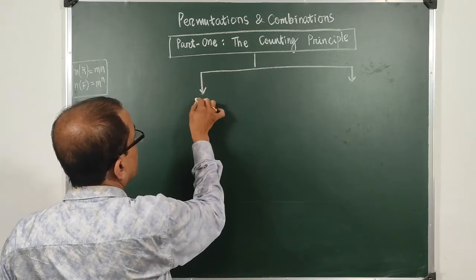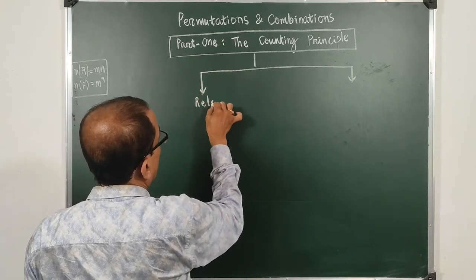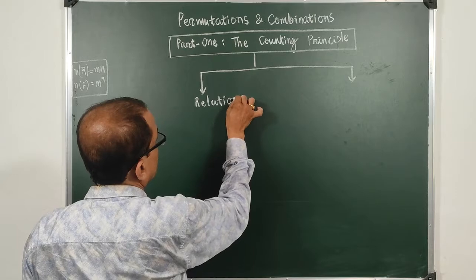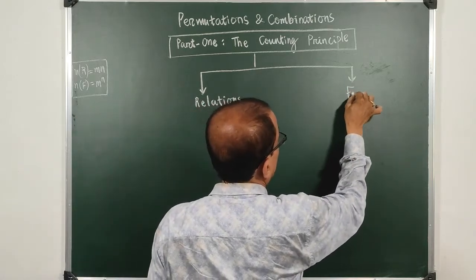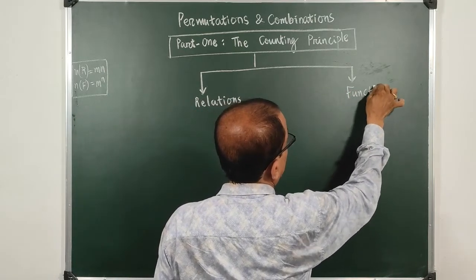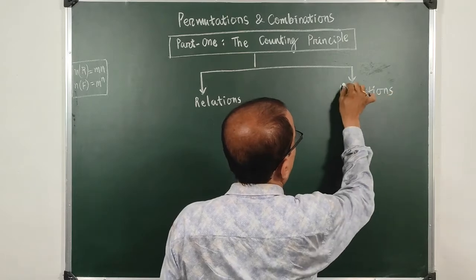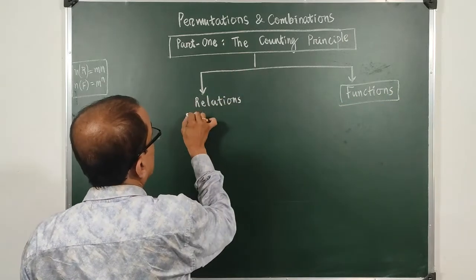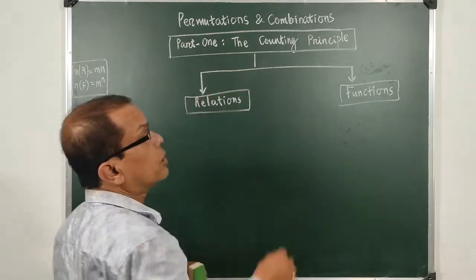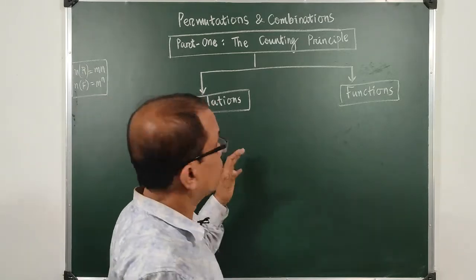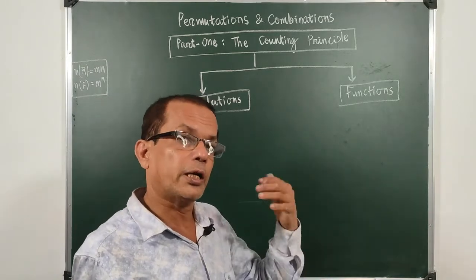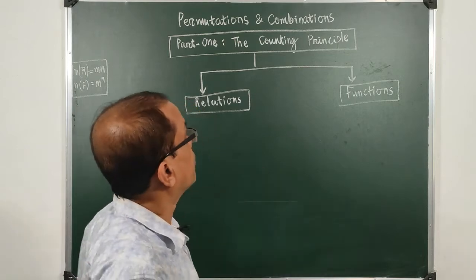There may be relations or there may be functions. A problem in permutations and combinations may appear as a problem of the relation category or a function category.